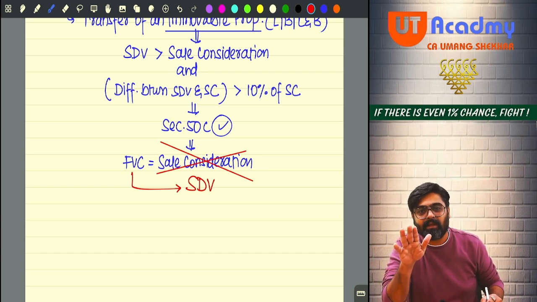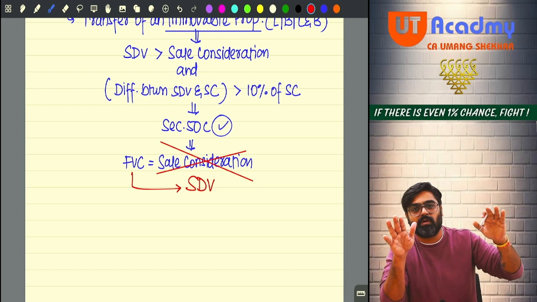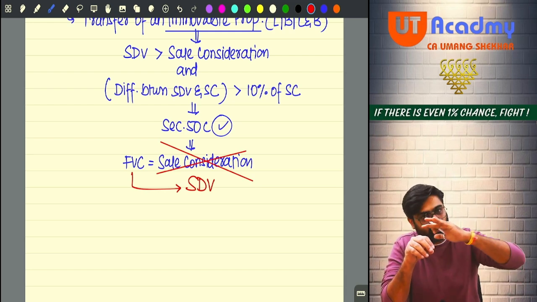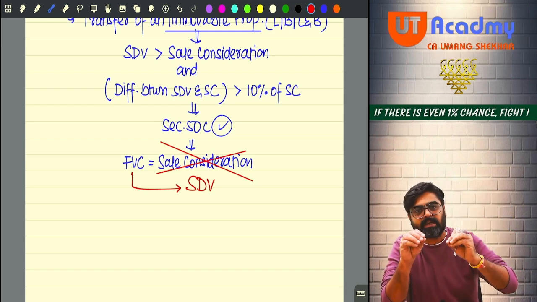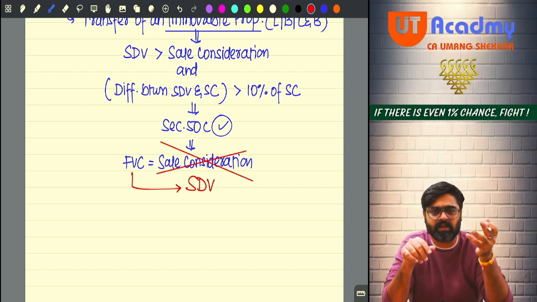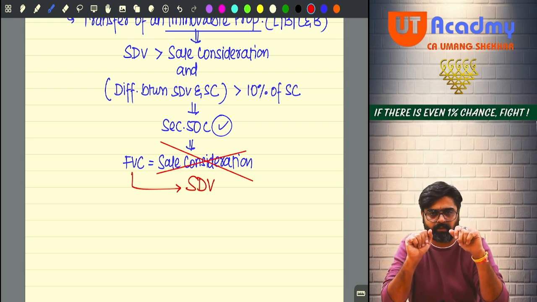But just imagine, in any state in India, the minimum stamp duty is 5%. In some states it is 6%, somewhere it is 7.5%, yes or no? In Gujarat it is 5%.